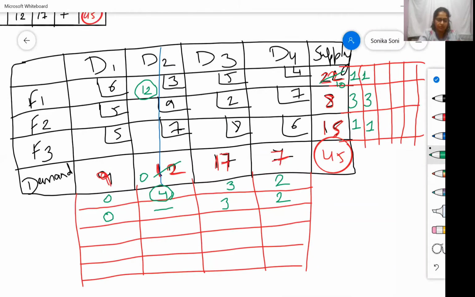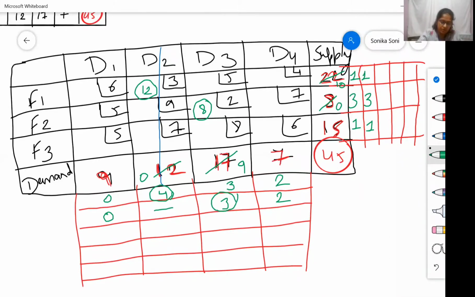So we can choose either maximum penalty and allocate as much as we can. Here we have supply as 8 and demand as 17, so we can allocate only 8, the full 8 of supply. So supply becomes 0 and the demand becomes 9 in the D3 column.